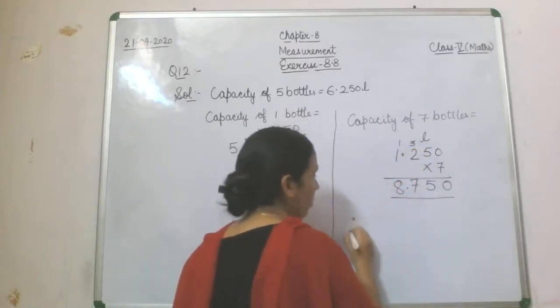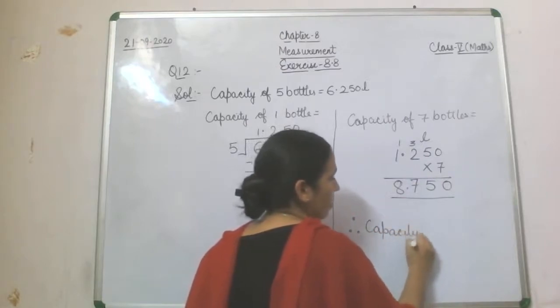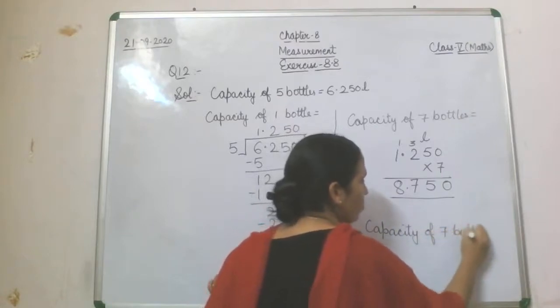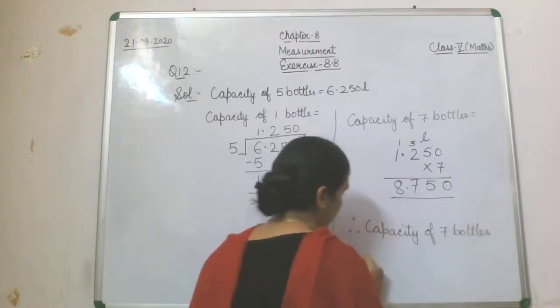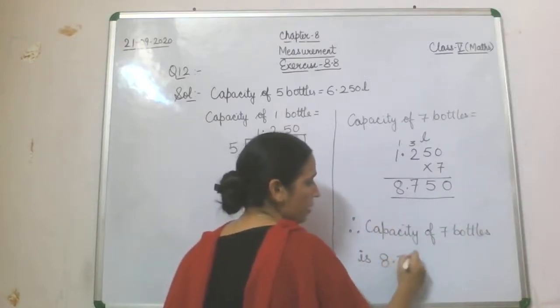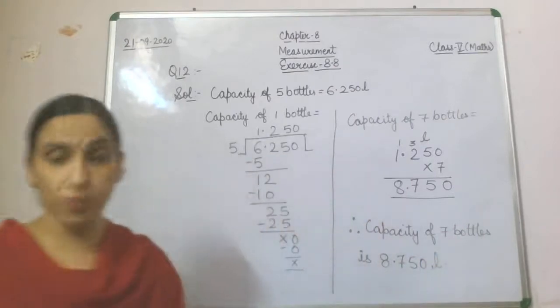So therefore capacity of 7 bottles which you are supposed to find is 8.750 liters.